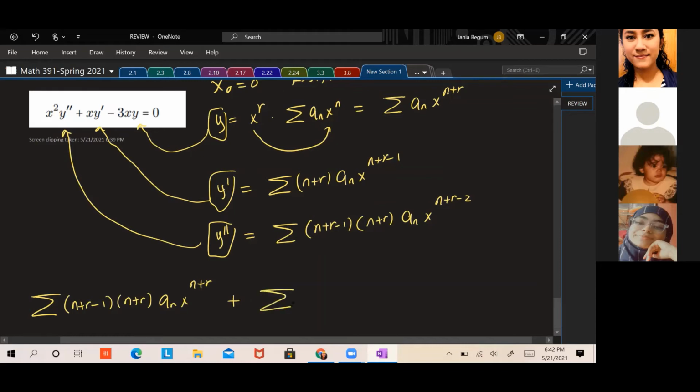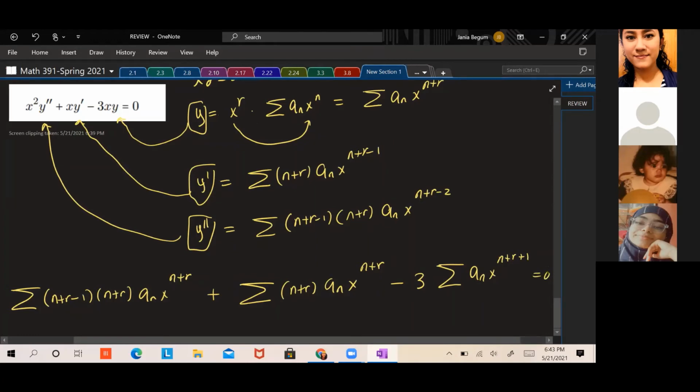So you have the sum of (n plus r) a_n x to the n plus r. And what about the last term? What happens as you push x inside y? It's going to be a_n x to the n plus r plus 1. So it's going to be a_n x to the n plus r plus 1 equals 0.